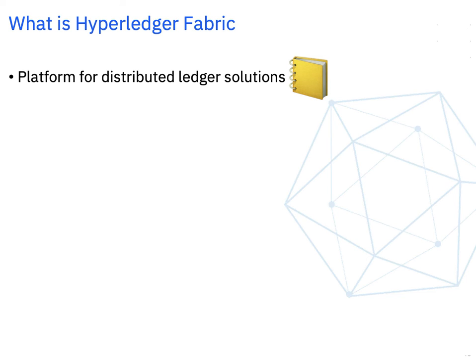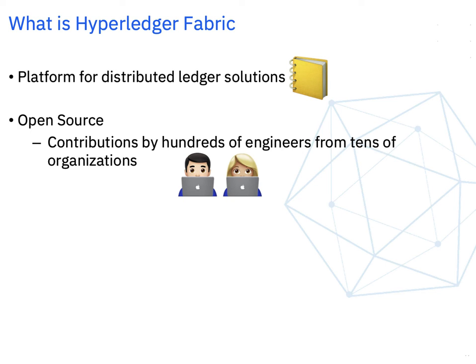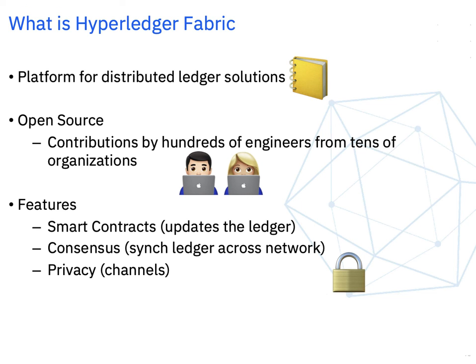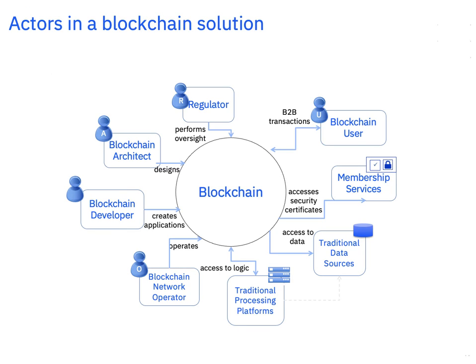Apart from that, Hyperledger Fabric is open source and contributed by hundreds of engineers from tens of organizations as well. And it has many features like smart contracts that update the ledger, consensus that will sync the ledger across the networks, and privacy. We'll talk about actors in blockchain solutions.